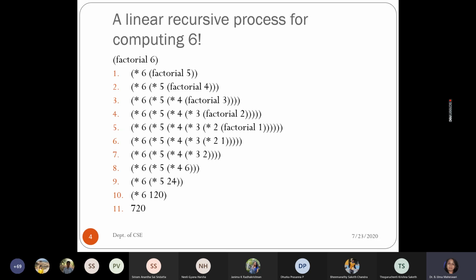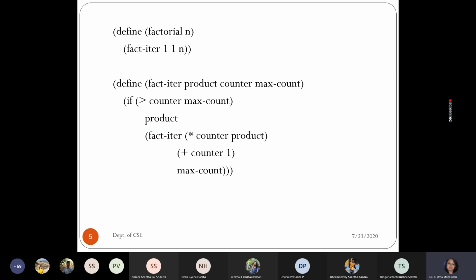Now let us go for the other kind of programming. If you look at this, define factorial n, and what you are doing is calling another function. What is the name of the function? Fact-iter, another function I have defined here, with 1, 1 and n.